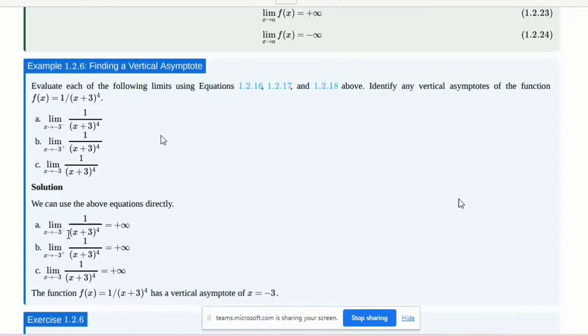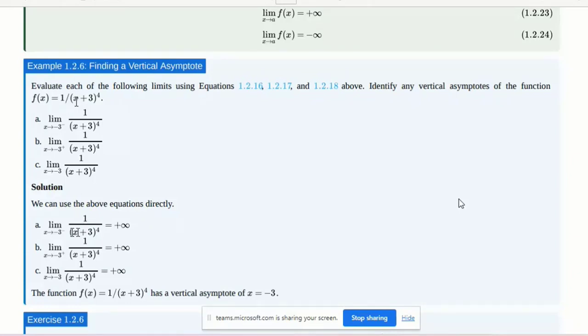We'll get 0. And listen, you're making that mistake again. In the place of x, we are putting minus 3. What do we get in the denominator? 0.